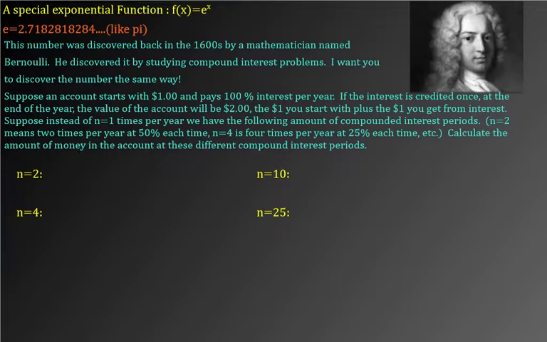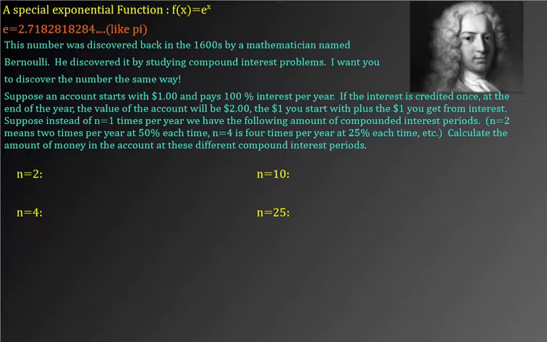I want to kind of go through how you get this number. So this famous 2.718 thing. It was discovered back in the 1600s by this guy. This is a guy named Bernoulli. And basically, back then, math was all centered around finance, a lot of it at least.